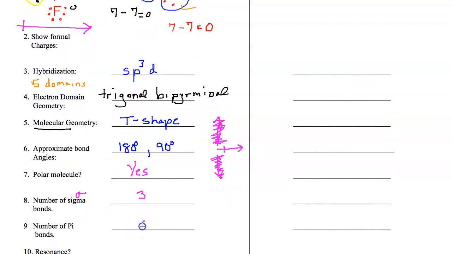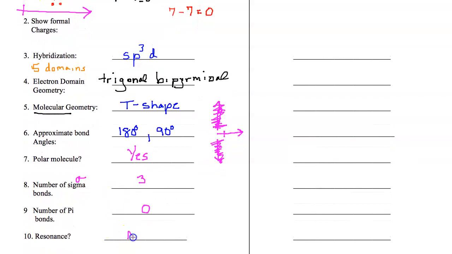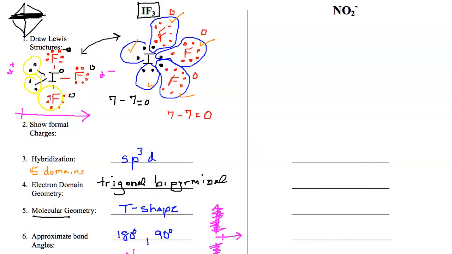There are none, because there's no second or third bond, which by the way would require an unhybridized p orbital. Resonance? The answer is no. And why isn't there any resonance? Because I don't have a single-double scenario. I don't have formal charges telling me I could add a double bond somewhere.